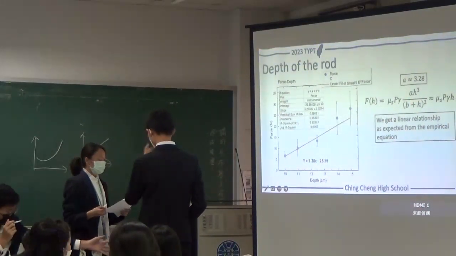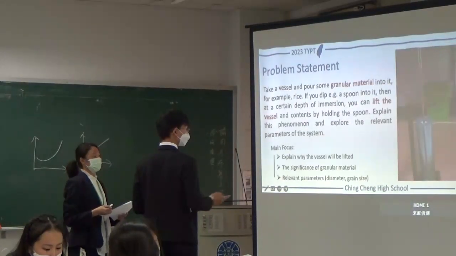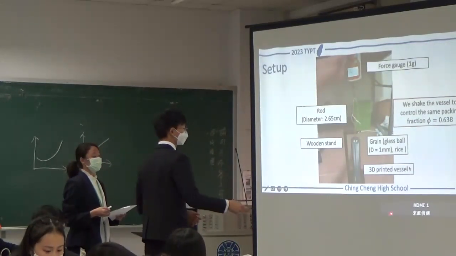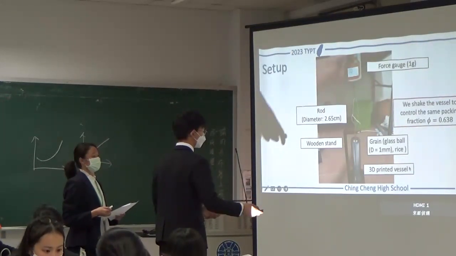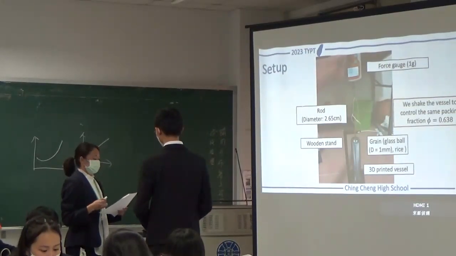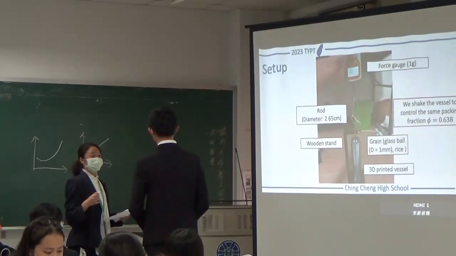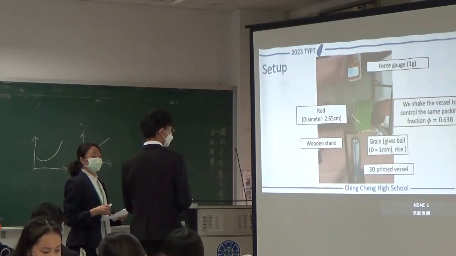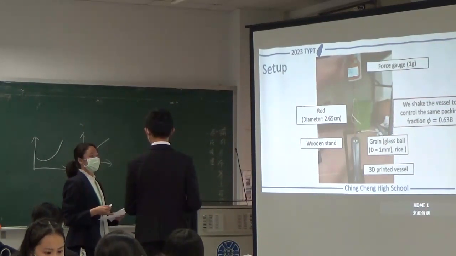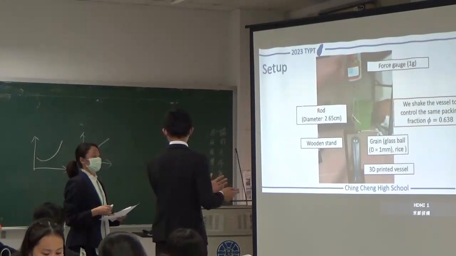So, what kind of material is your vessel? As I mentioned, the vessel is 3D printed, so the material is plastic. Do you think different material affects the maximum friction? Like you mentioned, maybe we can change the vessel to a different material and change the friction between the wall of the vessel and the granular material.